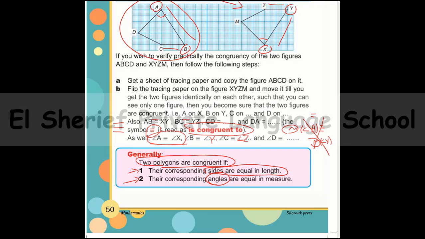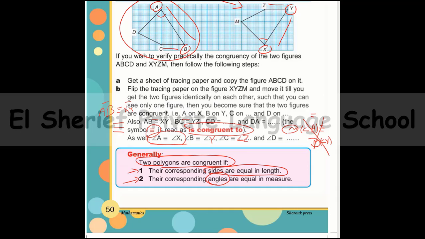So line segment AB is congruent to line segment XY, and line segment BC is congruent to line segment YZ. And we can put AB only, AB equals XY. If we put line segment, that means we put congruent.